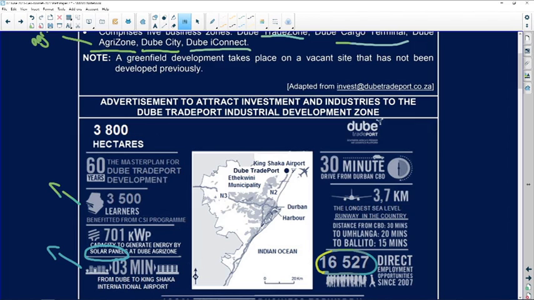Now, as you can see, it's a great initiative, creating a lot of advantages for different sectors. Okay, so we want more of these initiatives to create more employment opportunities and to create awareness for investors to come and invest in South Africa.